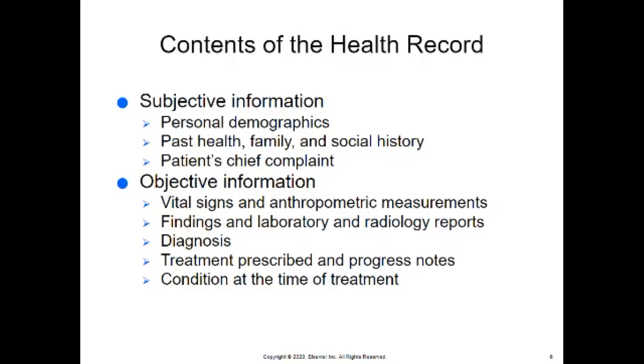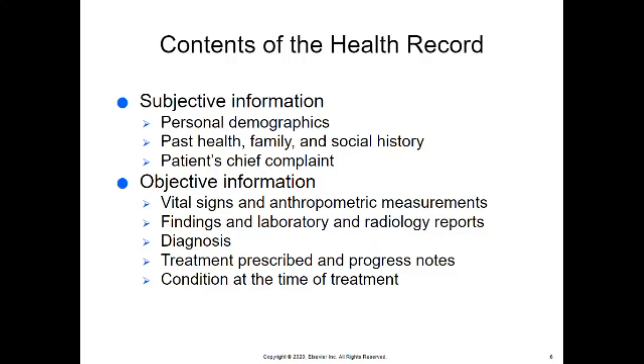Okay, so subjective information is information that's actually provided by the patient. Some examples of subjective information is your patient's address, social security number, insurance information, and description of what the patient is feeling. So the subjective information is provided by the patient.